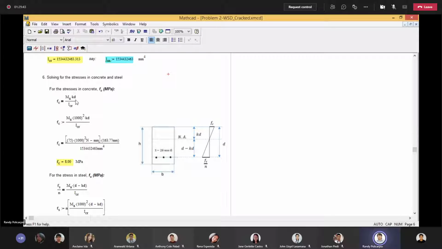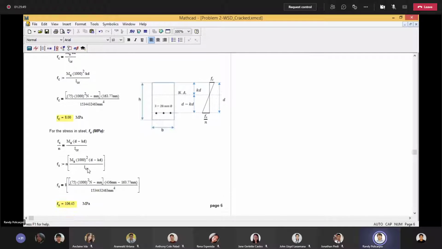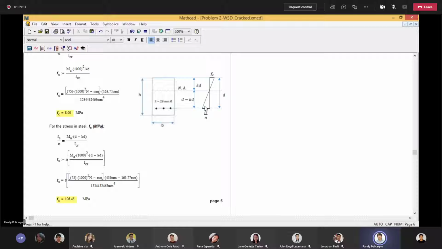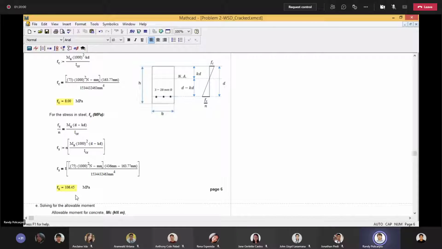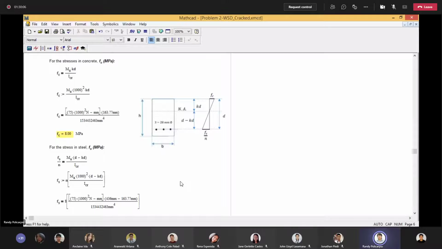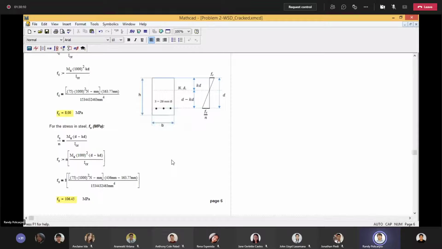Kaya KD yung ilalagay mo doon. Okay, and our FC is 8 megapascal. Now for the steel, ang distance ng steel up to the neutral axis is D minus KD. Kaya yun. Ito ngayon yung result: 106.45 megapascal.